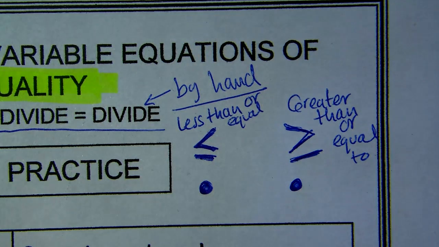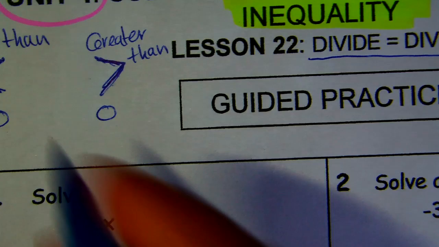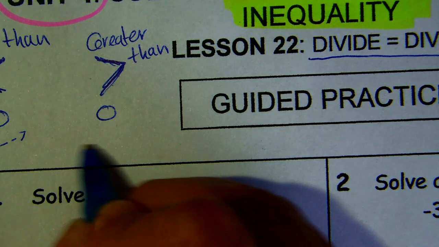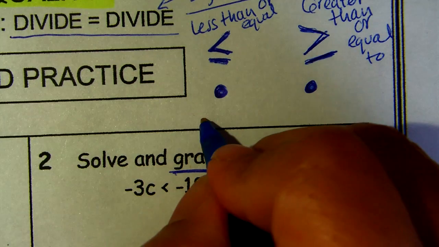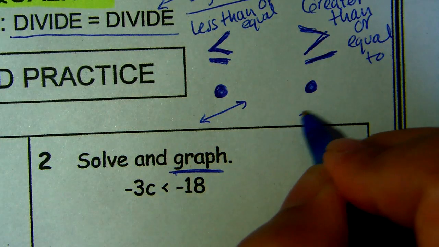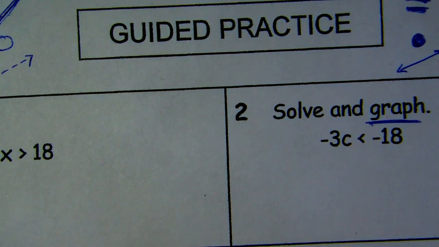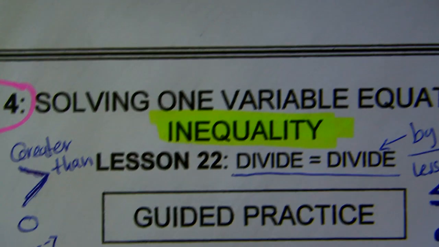Okay? All right, and then of course, if we're graphing lines, these ones have a dashed line. And these ones over here have a solid line when you're graphing an equation. Okay? All right. Now, and if you remember, we started with the inequalities.